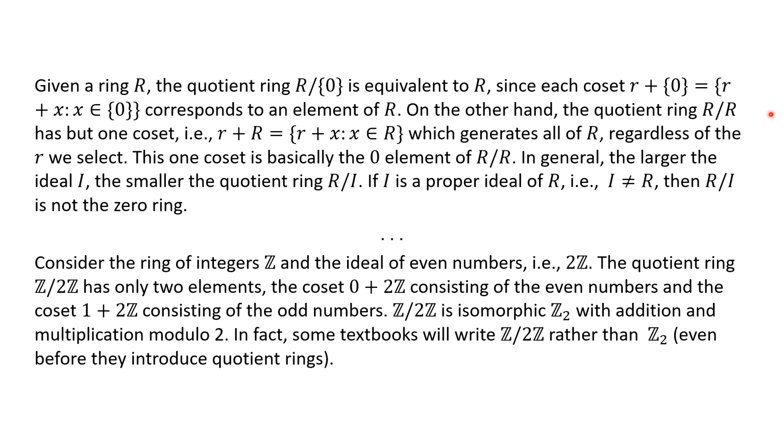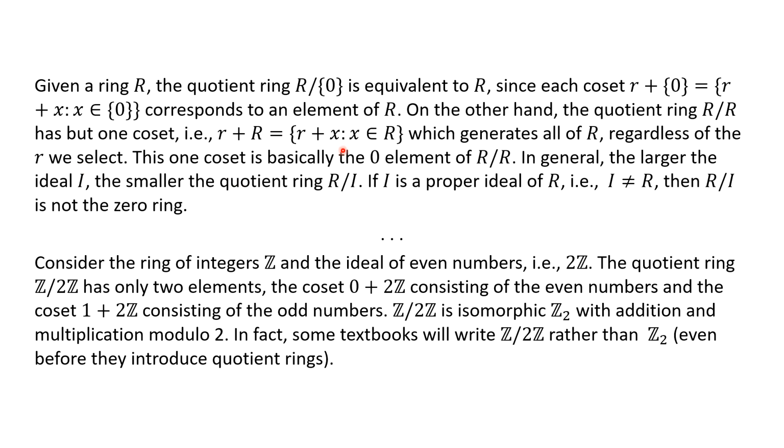On the other hand, the quotient ring R slash R has but one coset. The reason for that is if you write this out, this is what you get here, but you can take x to be minus r plus whatever element of R you want, and so you can generate all of R. It generates all the elements in R, regardless of what value of r we select.